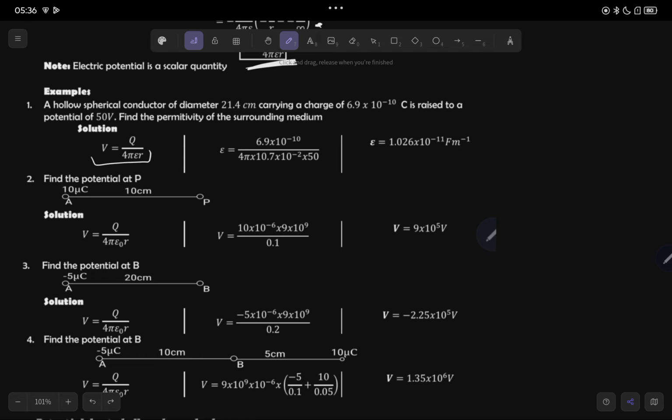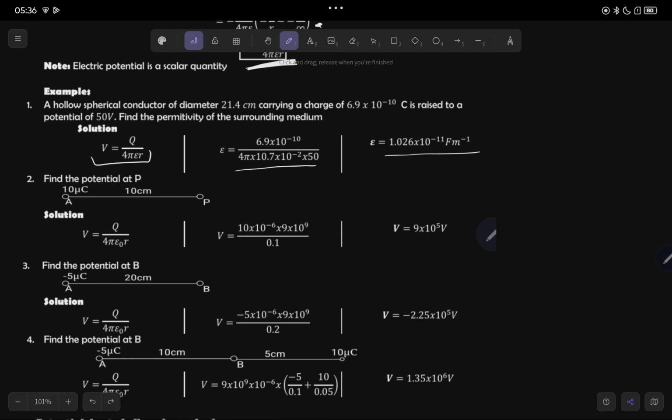Since the diameter is 21.4, the radius is diameter divided by 2, which gives us 10.7 centimeters, which we shall convert to meters as 10.7 times 10 to the power negative 2. When we substitute in the expression, we get our epsilon, or permittivity of the medium, as 1.026 times 10 to the power negative 11 farads per meter.